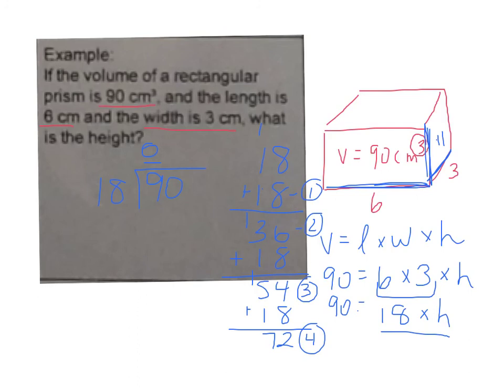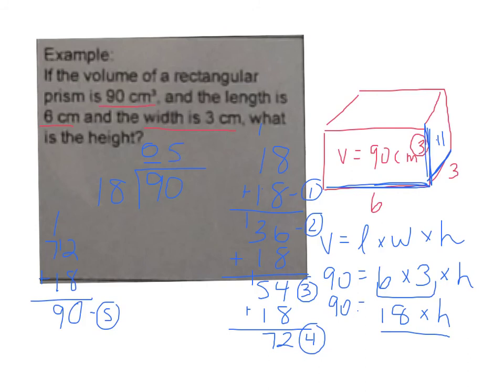I'm going to move it on over here. 72 plus 18. 8 plus 2 is 10. 8, 7, 8, 9. So 90, that's 5 groups. So 18 can go into 90 5 times.